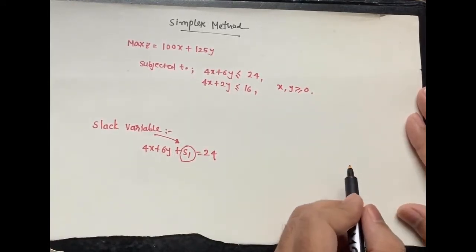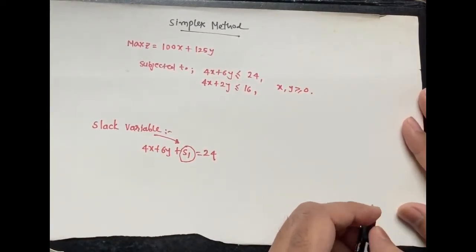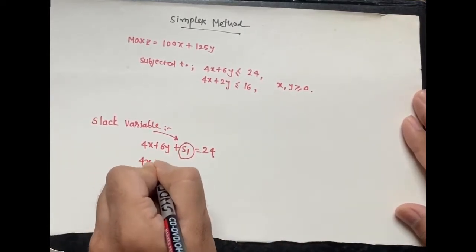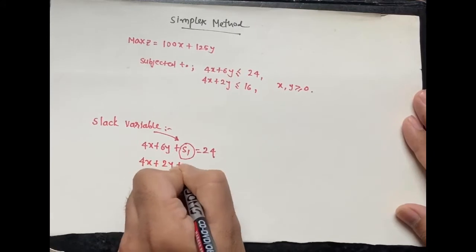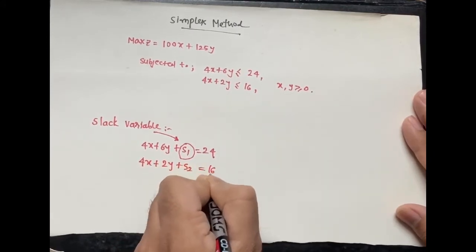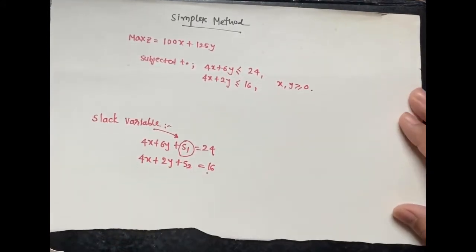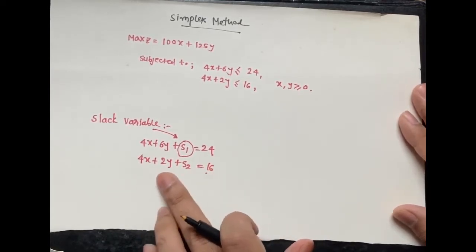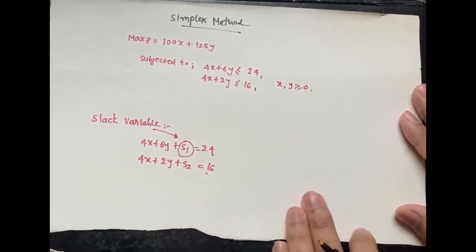So I have introduced one slack variable. Likewise, for the second case, 4x plus 2y plus s2 equals 16, it has the same interpretation. s2 is the magnitude by which 4x plus 2y is short of 16.